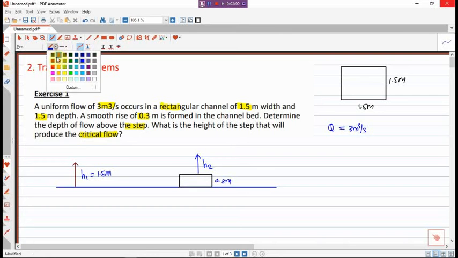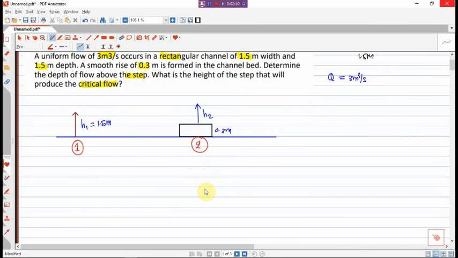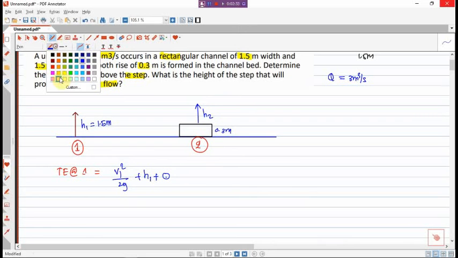So we can equalize the total energy at 1 and 2. When you consider the total energy at 1, the equation should be like this: there is a velocity here, v1 squared upon 2g plus h1, plus there is no elevation difference, so it should be 0.